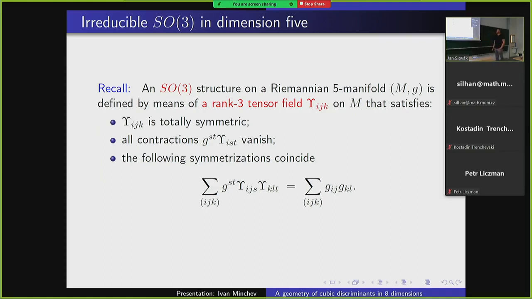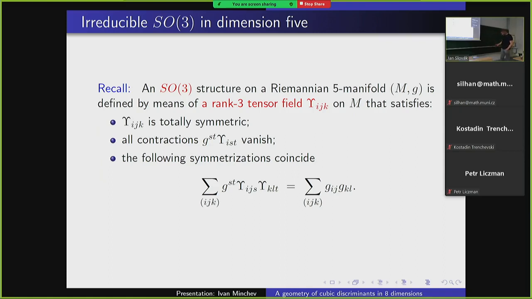The properties are easy, at least the first two are quite easy to understand. As I said, a totally symmetric tensor, and all the contractions must vanish. Then there is a third, quadratic condition, which looks a bit more complicated.